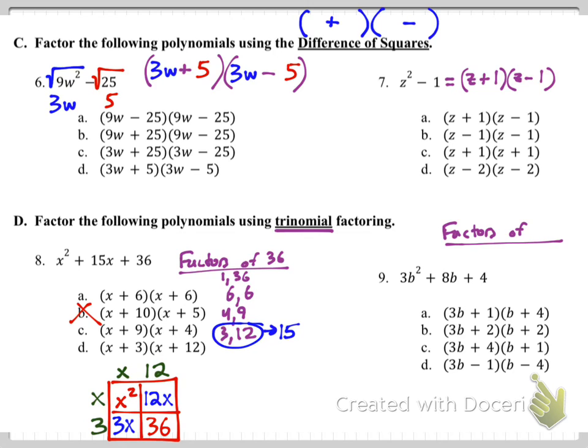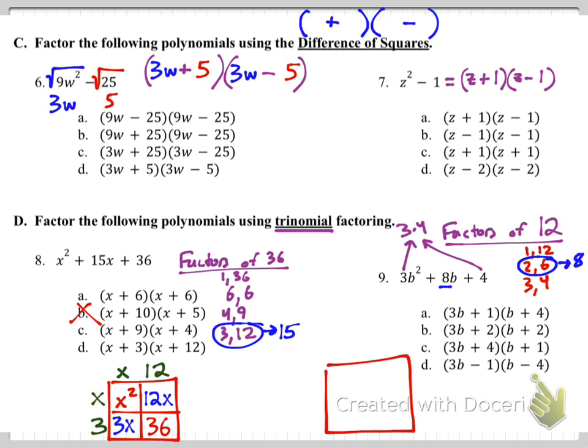All right, for number 9, factors of a times c. So that's 3 times 4, that's factors of 12. Let's see, there are lots of factors of 12: 1 and 12, 2 and 6, 3 and 4. We can stop there because 8 is what we're trying to add up to, and 2 and 6 add to 8. Now we're going to draw the box, fill out the first term and the last term.